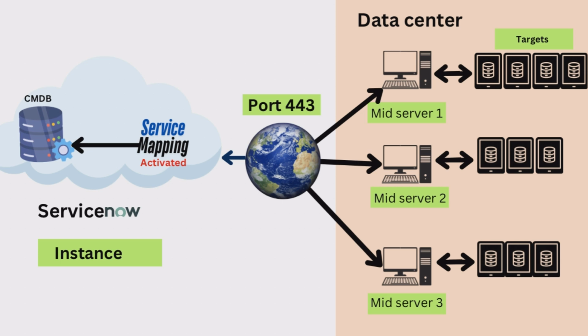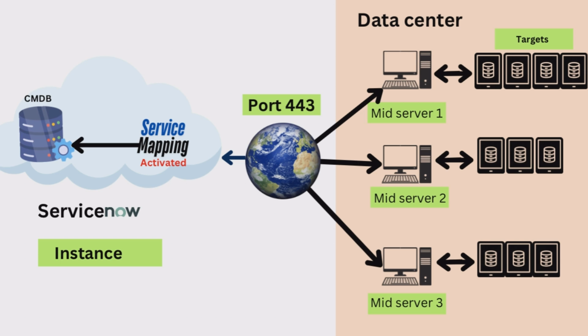For a complicated architecture with multiple data centers, multiple private networks, DMZs, and the like, it is fairly common to have the mid server installed in each separate network, behind each separate firewall, in each separate zone, and all those mid servers configured to communicate with the same ServiceNow instance.